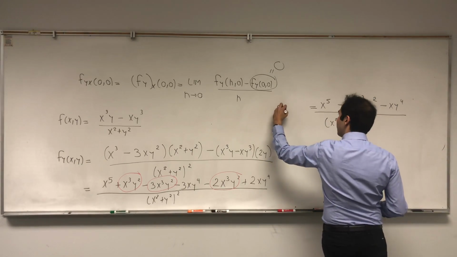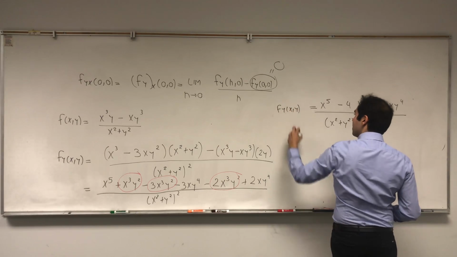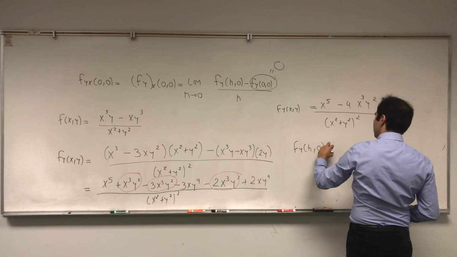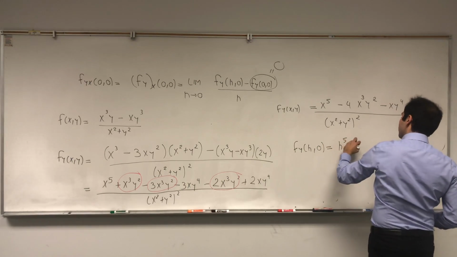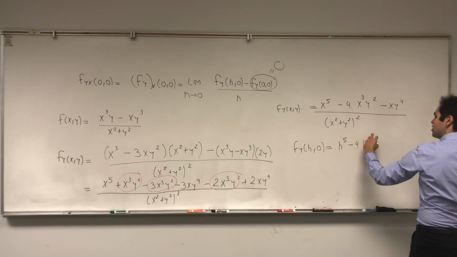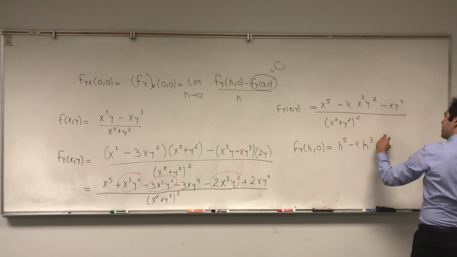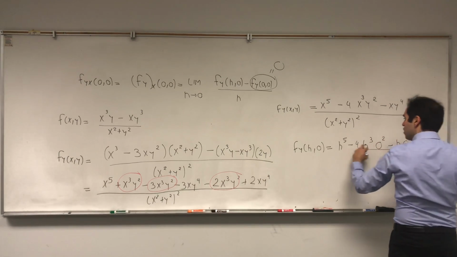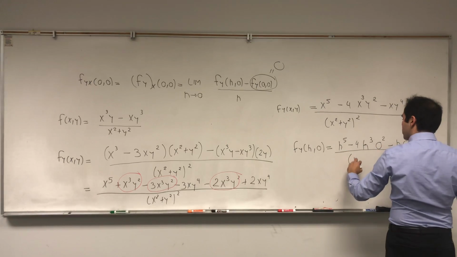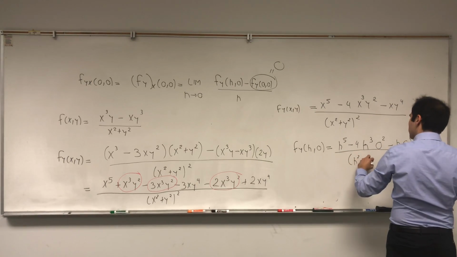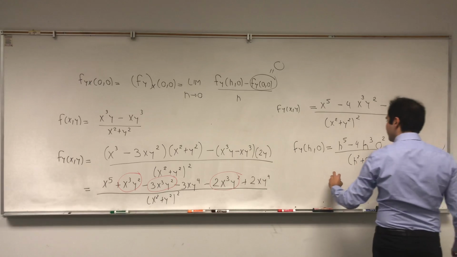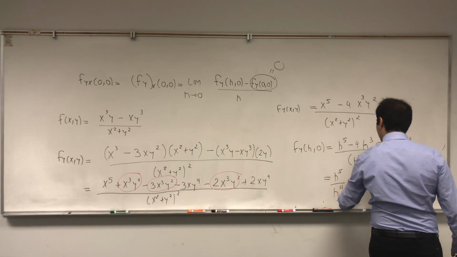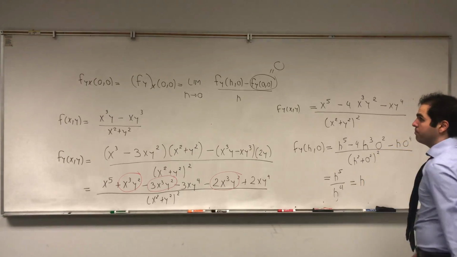So this is f_y(x, y), and therefore f_y(h, 0) is (h to the 5th minus 4h cubed times 0 squared minus h times 0 to the 4th) over (h squared plus 0 squared) squared, and this simplifies to h to the 5th over h to the 4th, and that is h.